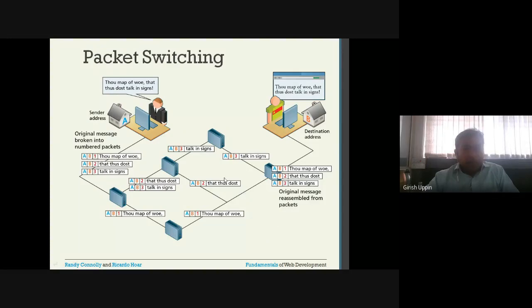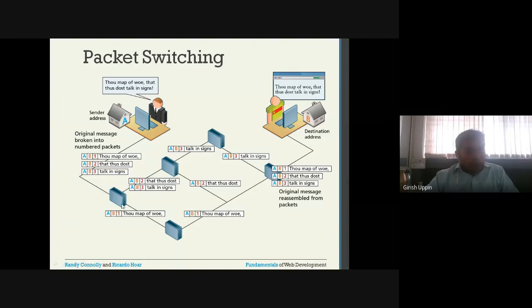This is a packet switching example. You can see a sender who has a message he wants to pass to the receiver. The original message is broken into different packets. Roughly 3 lines are broken into 3 packets, named AB1, AB2, and AB3. These are the 3 packets, and this is the router. From here, these 3 packets will be routed.